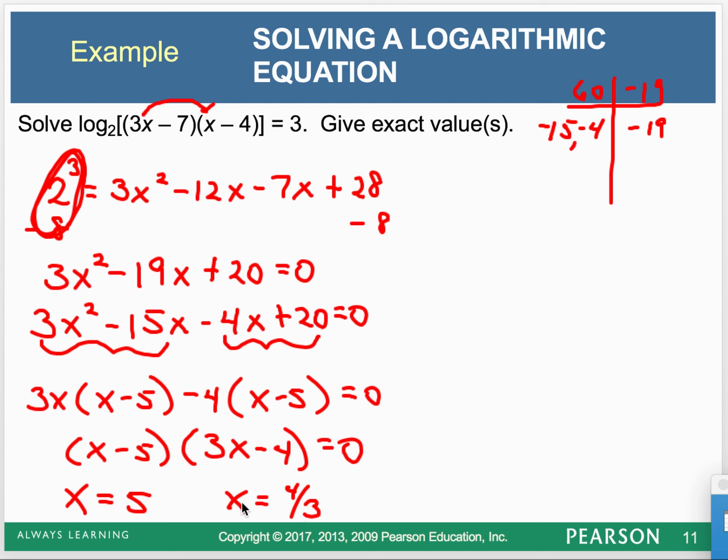Now, before we box them, we have to check it. So, okay, if x is 5, let's check it in the argument. Let's go over here for a check. If x is 5, we would have 15 minus 7, 8 times 1. That's okay, that's positive.